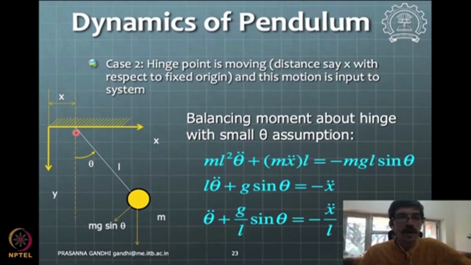Although I have a cart here, and I can apply some force on that cart, I may choose to define the control input as x here, or input x double dot here. So this choice of what I define to be a control input to my system has some flexibility. This is a very important concept here.